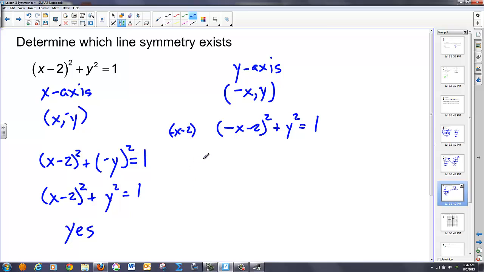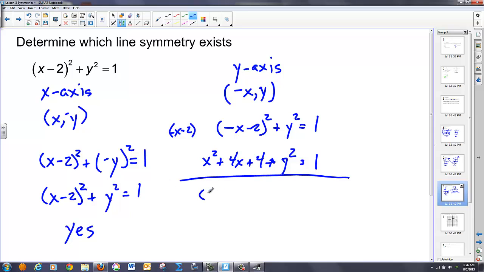we end up with x squared. There's a positive 2x and a positive 2x, which is positive 4x plus 4 plus y squared is going to equal 1. Now the question is, is that the same as this quantity here? Well, let's find out.